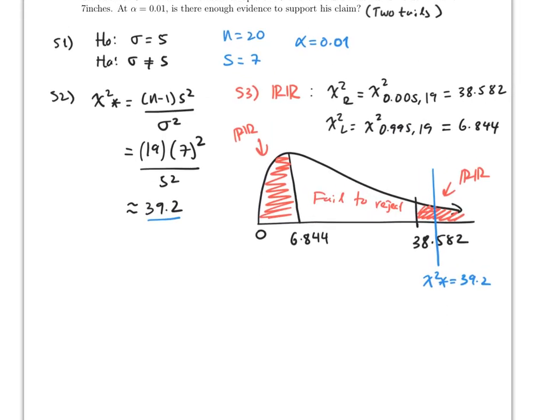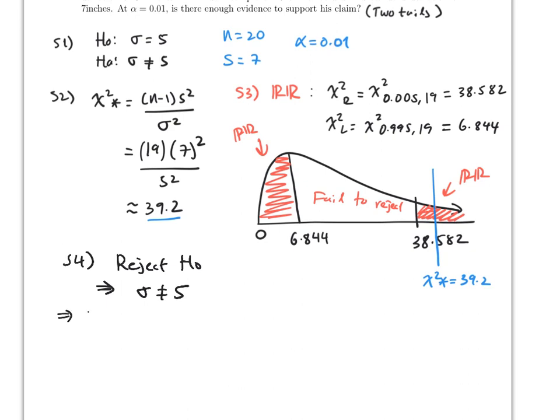So the conclusion is to reject H0. So step 4 is reject H0, which means you have to accept the alternative, which in this case means sigma is not equals to 5.